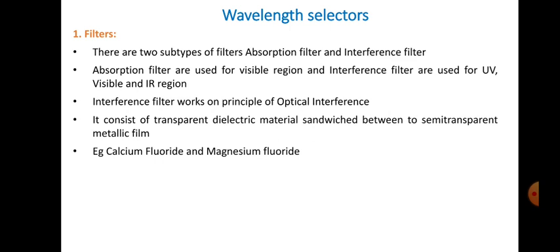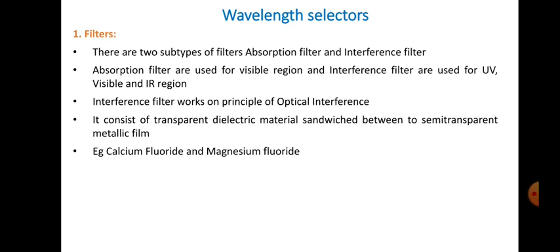Interference filters work on the principle of optical interference. These consist of transparent dielectric material which is sandwiched between two semi-transparent metallic films. The examples of these are calcium fluoride and magnesium fluoride.